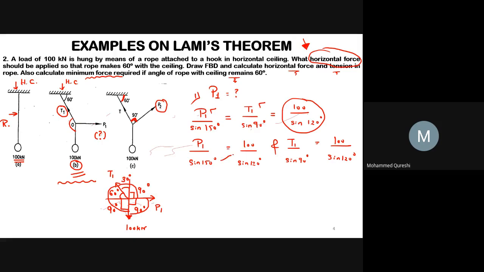So P1 equals sine 150 into 100 divided by sine 120, so you will get P1 as 57.74 kilonewton, and T1 equals sine 90 into 100 divided by sine 120, so T1 equals 115.47 kilonewton. So this is our horizontal force, P1 equals 57.74 kilonewton, that should be applied so that the ropes make 60 degree with the ceiling.